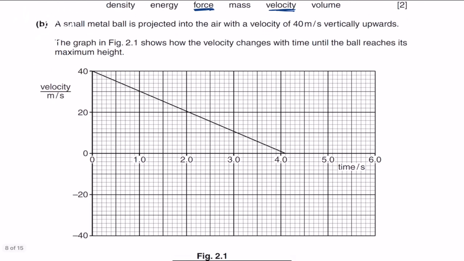Now let's get into the motion question. A small metal ball is projected into the air with a velocity of 40 meters per second, vertically upwards. The graph in figure 2.1 shows how the velocity changes with time until the ball reaches its maximum height. Fine. So when we throw the ball upward, the speed when it was in our hands was 40.